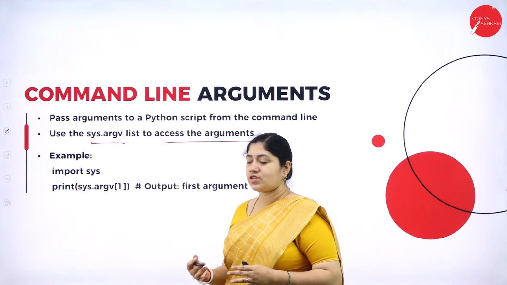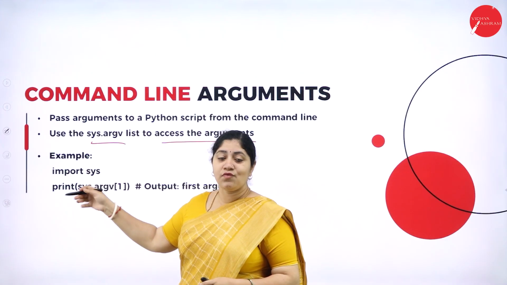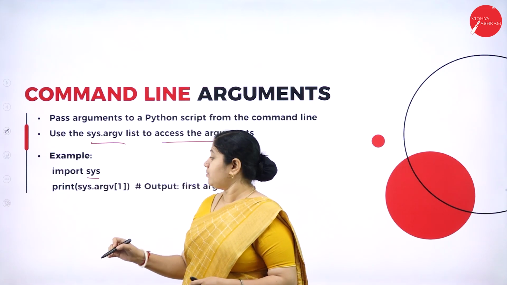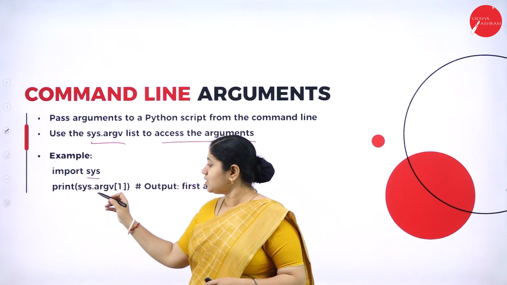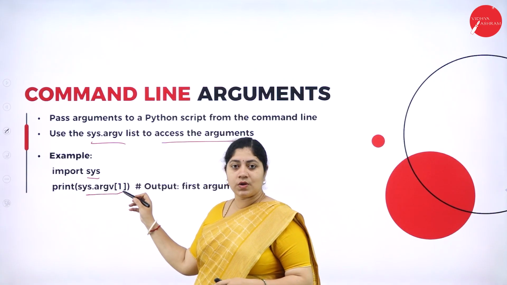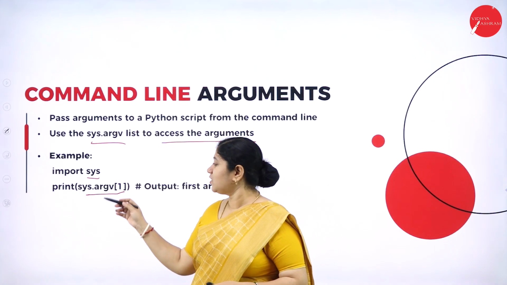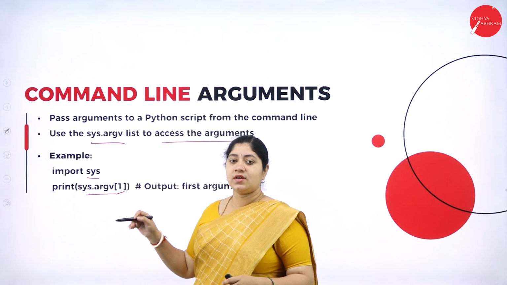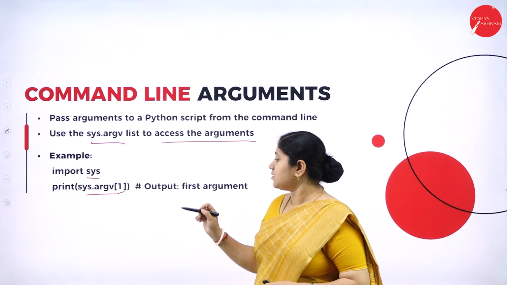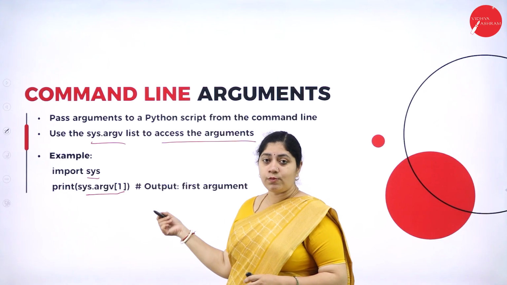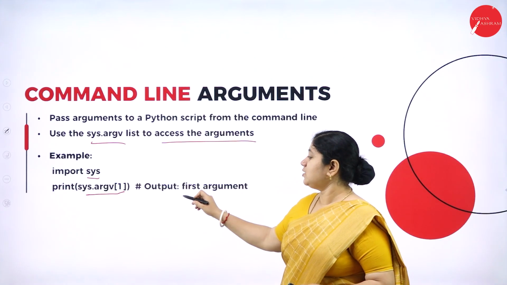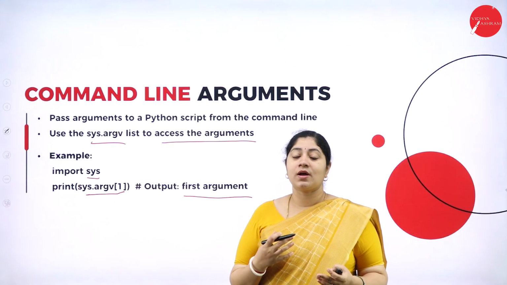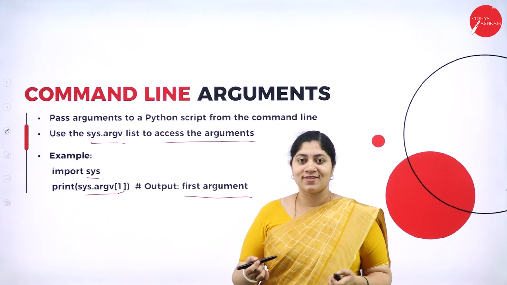The example for this is, initially we are importing the sys module, and further we are printing a command line argument, which is defined as sys.argv followed by the open and close square brackets. Thus, the output we can expect here is the first argument. Yes, this is how the command line argument works.